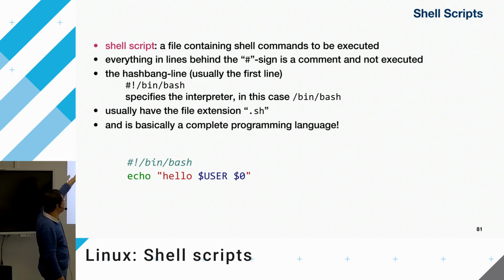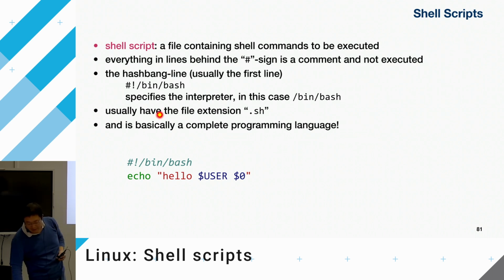This specifies the so-called interpreter for this script. An interpreter is a program that will be used to execute this shell script. In this case, it is /bin/bash, so you will use bash to execute this script.